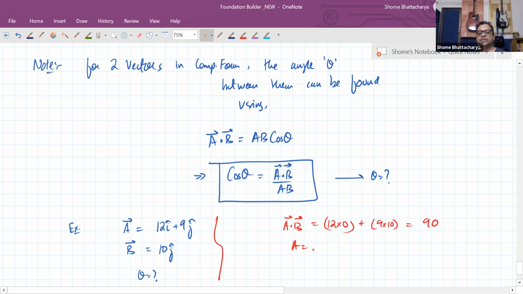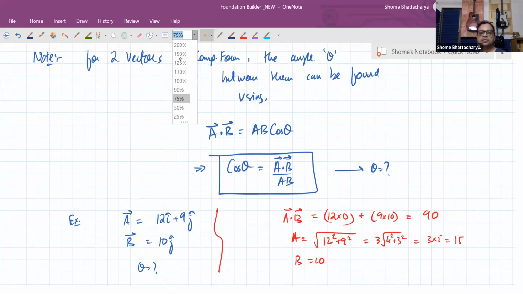Magnitude of A is the square root of 12 square plus 9 square, so that is 15. And magnitude of B is of course 10. So what should my cos theta be?